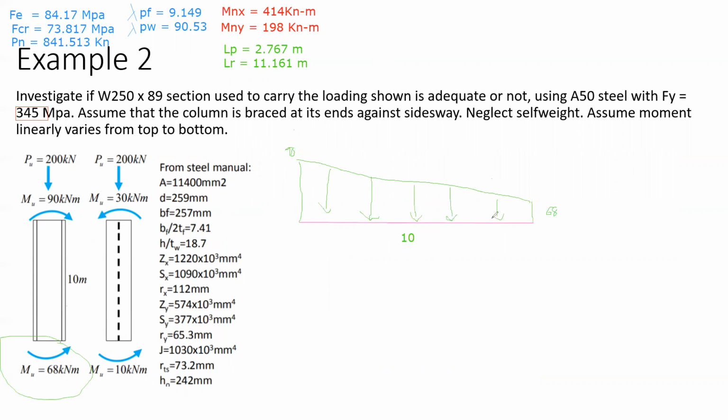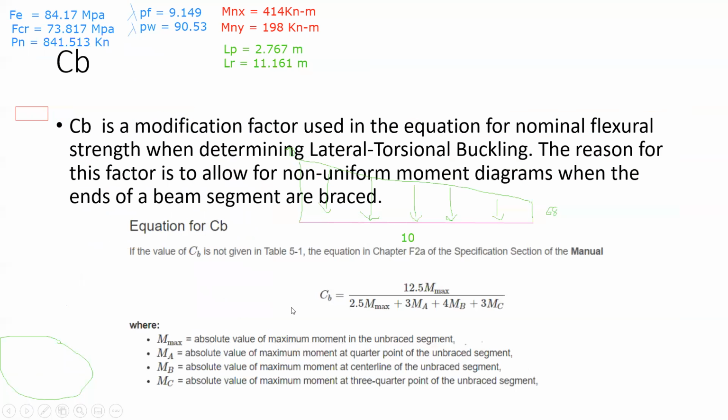Ayan. Ganyan yung itsura ng ating uniformly varying load. Okay. So, let's go to the principle of CB. You have CB is equal to 12.5 MMAX over 2.5 MMAX plus 3 MA plus 4 MB plus 3 MC. MA is at the quarter point. MB is at the center line.